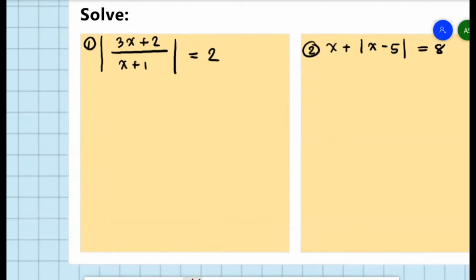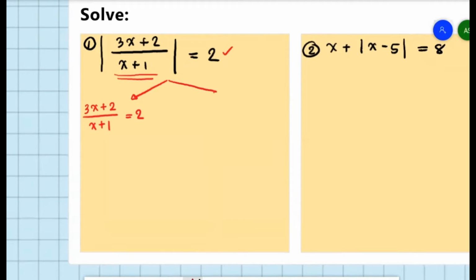So in this case, you will need to have two cases. What are our cases here? The first one is that 3x plus 2 all over x plus 1 is equal to 2, because the modulus of 2 will also result in 2. So that is our first case.